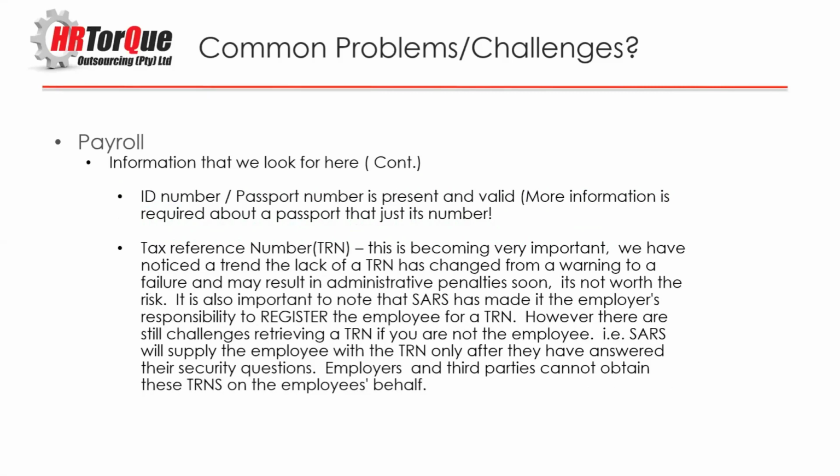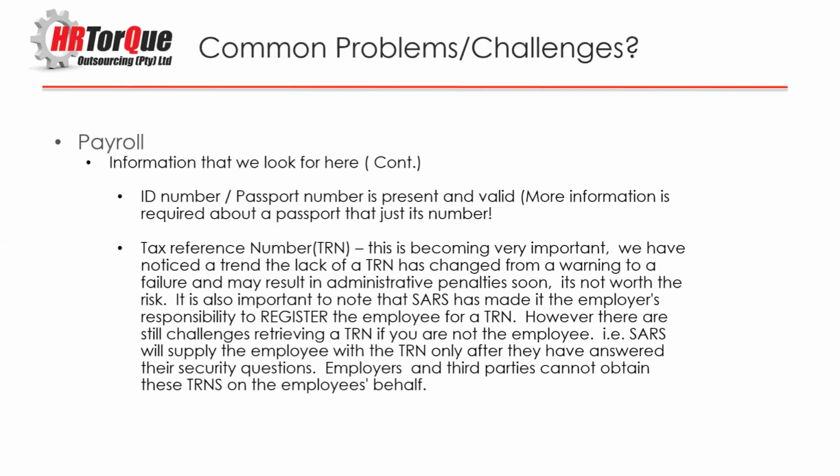Probably the most onerous thing to get for an employee is their tax reference number, or TRN. SARS have made great strides in allowing you to be able to get hold of these numbers, and they've placed the onus firmly on the employer to get these numbers for the employees. However, they don't allow you to make the phone call to SARS.